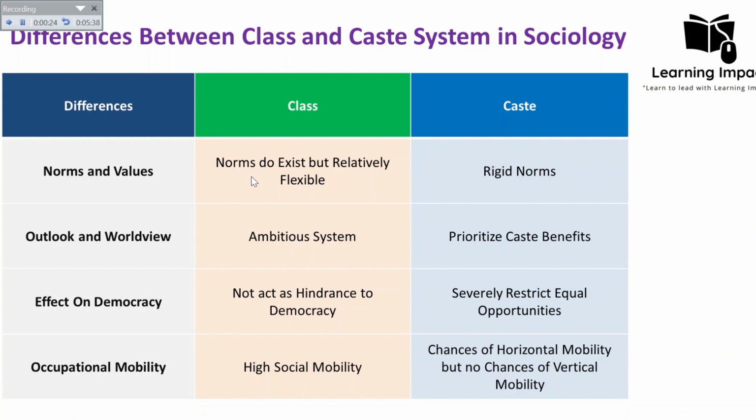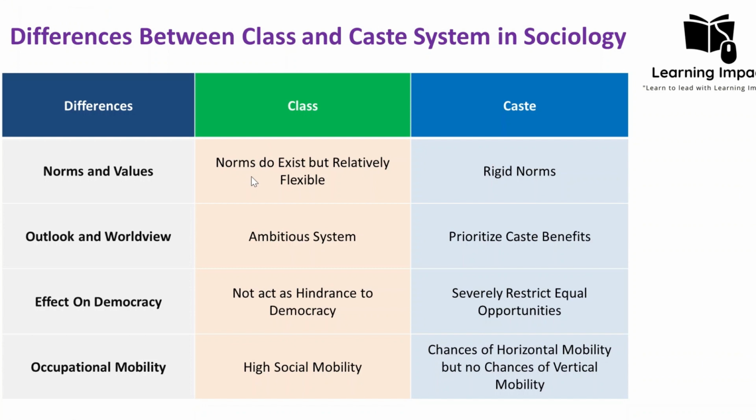There is a kind of norms associated with the elite class, their lifestyle, their food taste, their music choice. It is restricted to the elite class, and the middle and lower classes also have some norms and values attached to their lifestyle and their way of living, but these norms are considered more flexible because they can be changed.